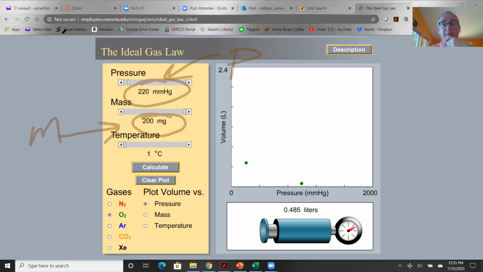We're not calculating the temperature. We're changing the temperature. So does that make the temperature an independent variable or a dependent variable? If we're changing the temperature, does that make it independent or dependent?